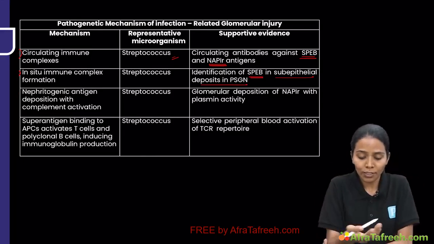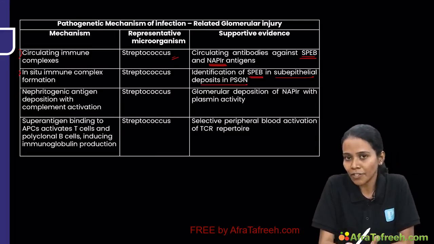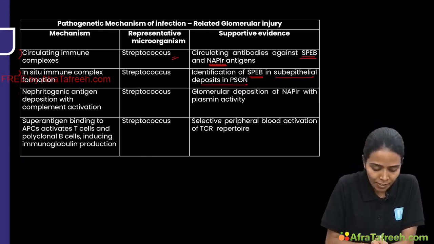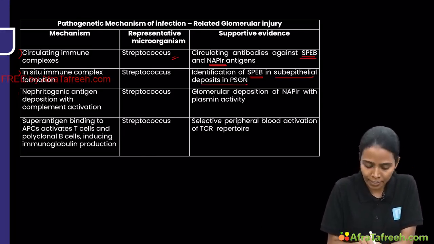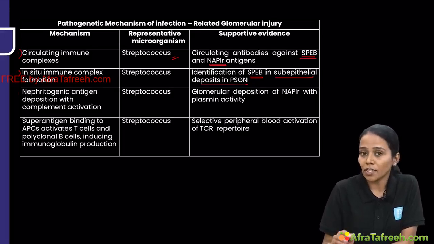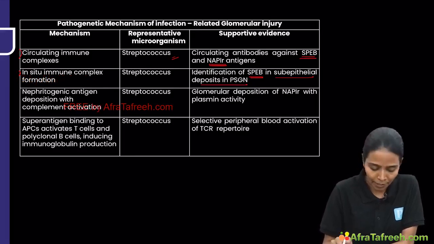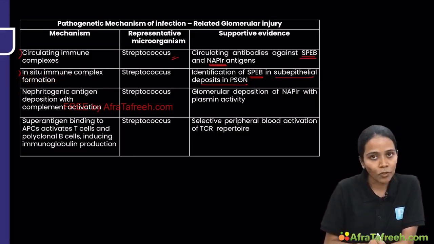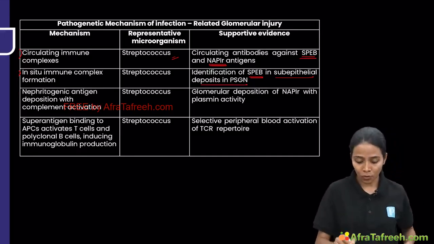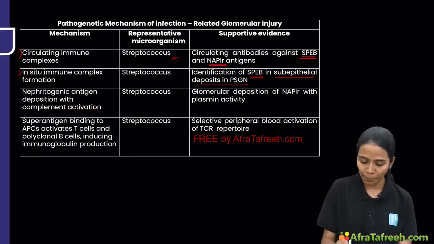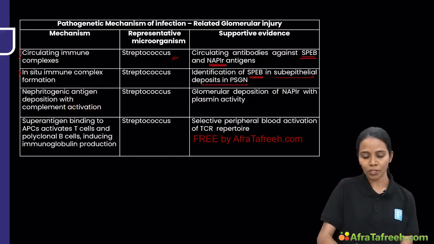Now, what are the pathogenetic mechanisms by which IRGN happens? First is circulating immune complexes, like we discussed. Example, Streptococcus. This happens because there are circulating antibodies against SPEB and NAPlr. Then in situ immune complex formation. Again, Streptococcus is the example. Identification of the streptococcal pyrogenic exotoxin B in the subepithelial deposits in PSGN.